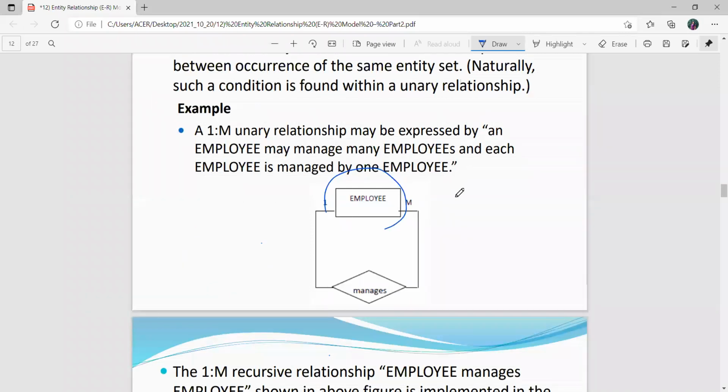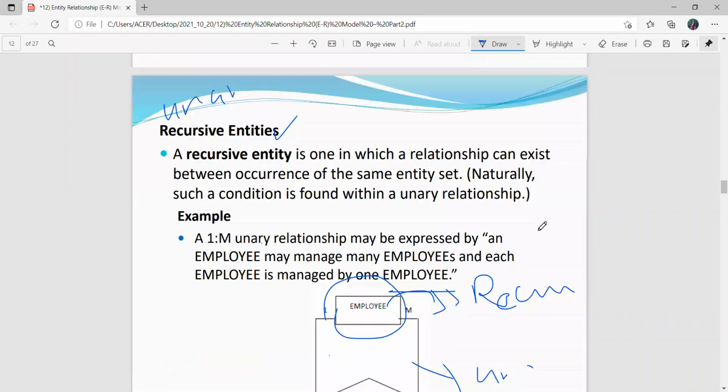This entity is known as a recursive entity. We already discussed the unary relationship. This is a unary relationship. That means employee manages employees. So in this case, the same entity has a relationship with the same entity. So this entity is known as a recursive entity. Okay, is it clear?